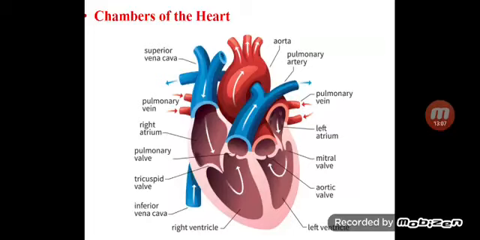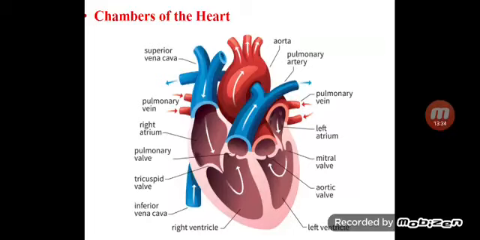The middle layer is the myocardium, which consists of the cardiac muscle tissue. And the inner third layer is the endocardium, which is lined by endothelium. So: epicardium, myocardium, and endocardium.